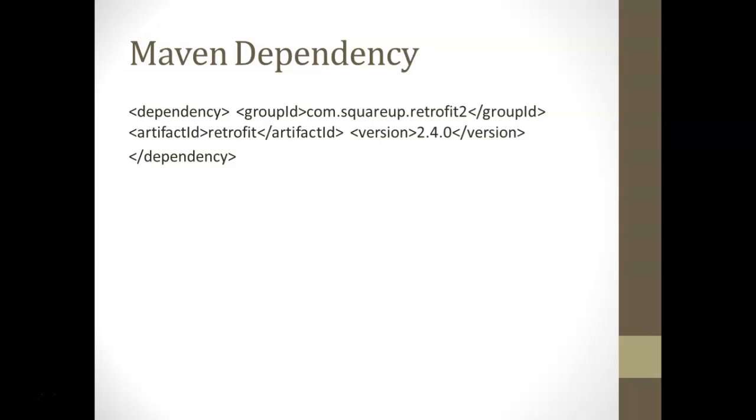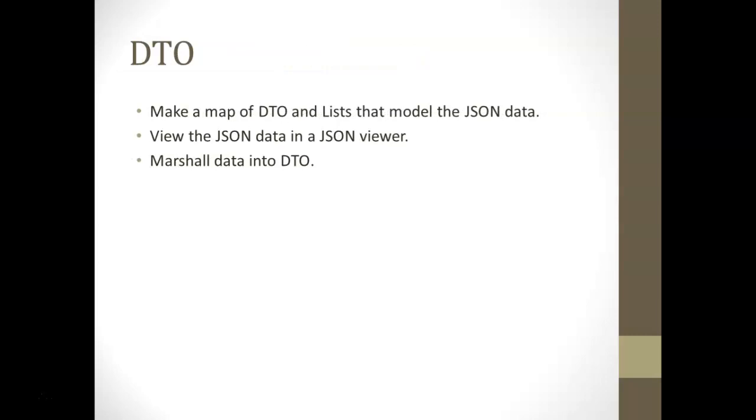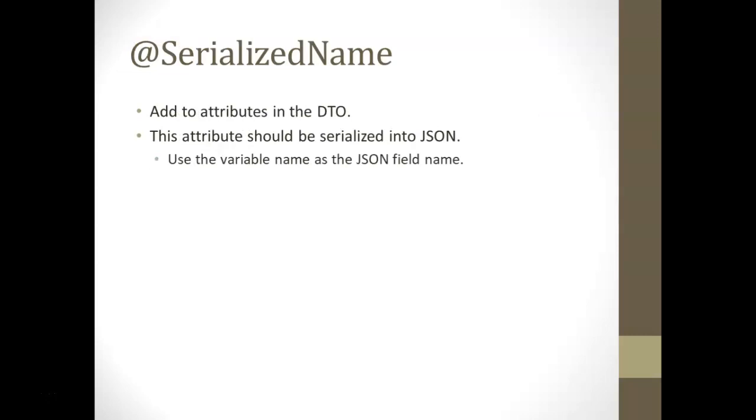So Maven dependency, here's one of the dependencies. We'll actually use our IDE to help us with this Maven dependency. DTO we know is just a noun class. I described that a little bit earlier. This will be used to help us turn that JSON into actual objects. Serialized name is an annotation that might come in handy. If we're lucky, our JSON name value pairs will have names that match identically to the attributes in our DTO classes, capitalization and everything else.